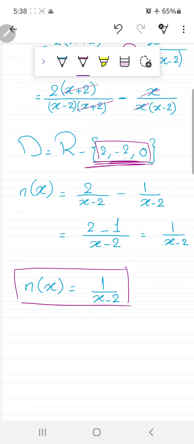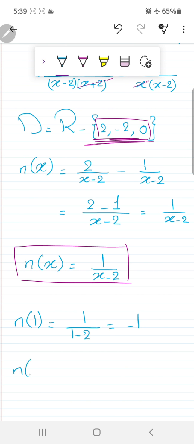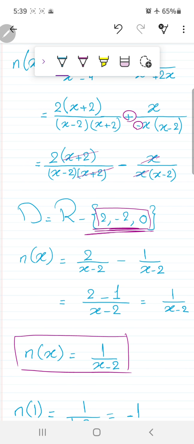Here 1 belongs to the domain, so substitute by 1. So n of 1 equals, remove x and write 1 minus 2. Using your calculator, it will be negative 1. Okay, get n of negative 2. Here negative 2 does not belong to the domain because negative 2 is in the blacklist.